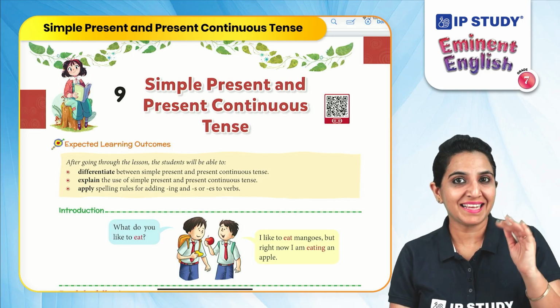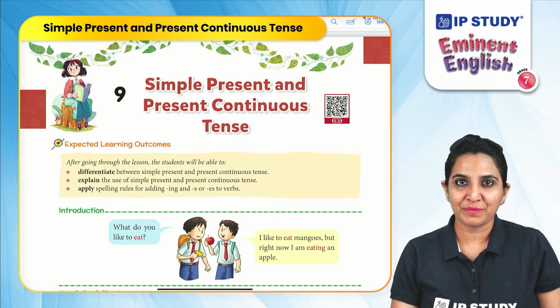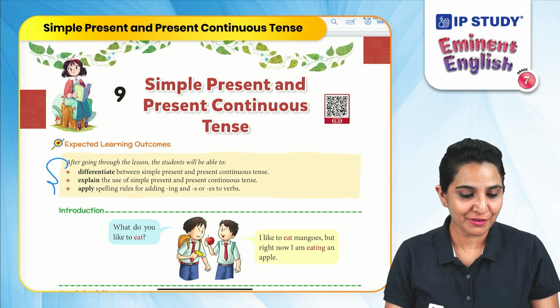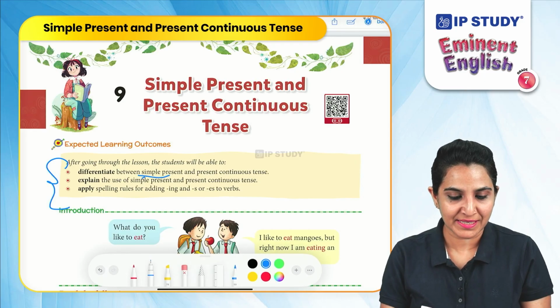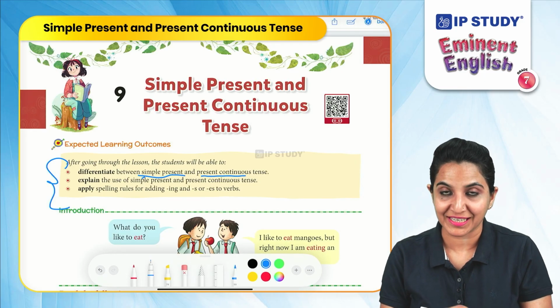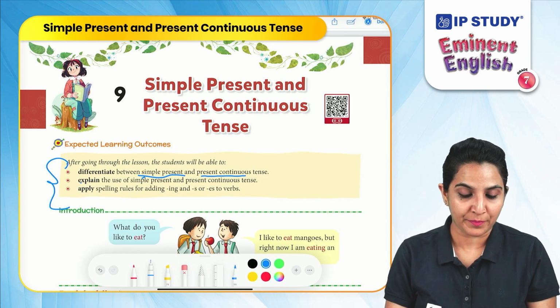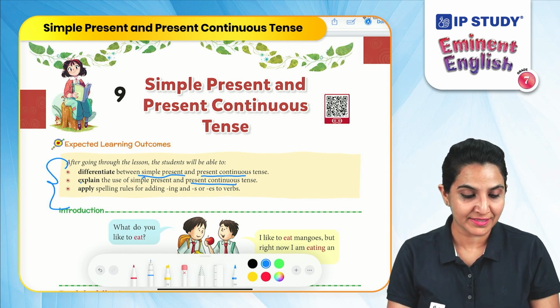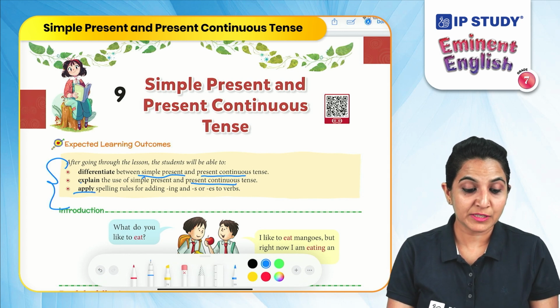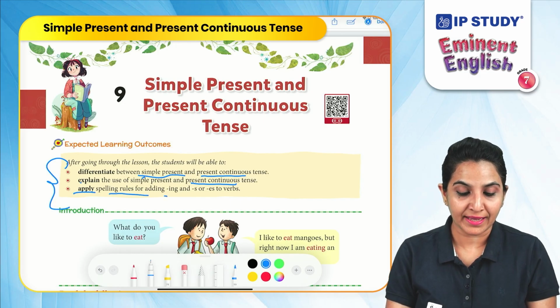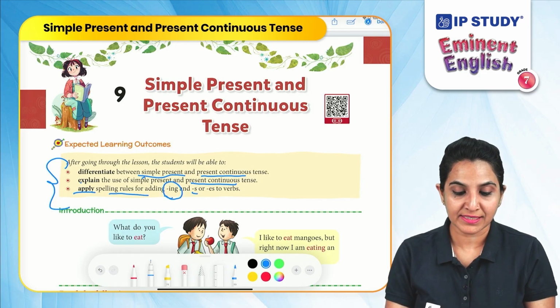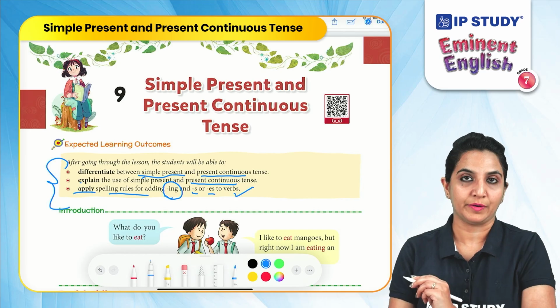So, by the end of this lesson, we will be able to differentiate between simple present and present continuous tense, explain the use of simple present and present continuous tense, apply spelling rules for adding ing, s or es to verbs.